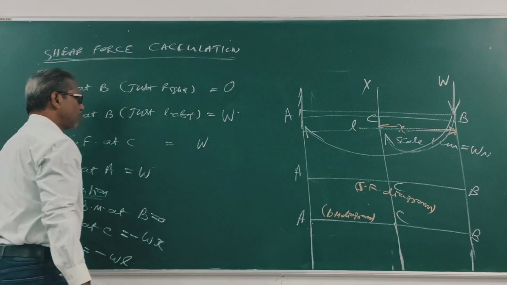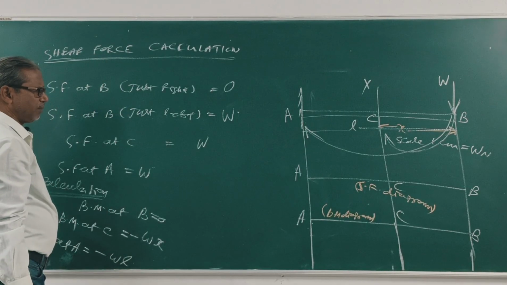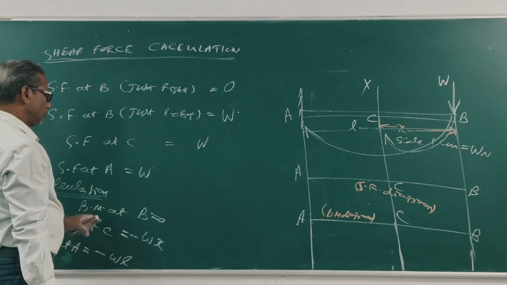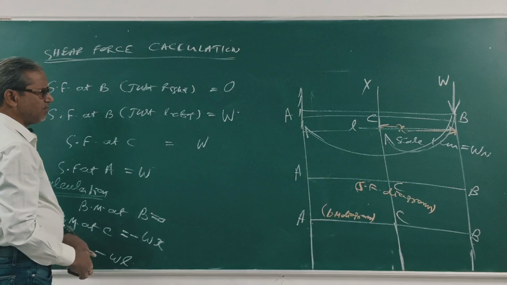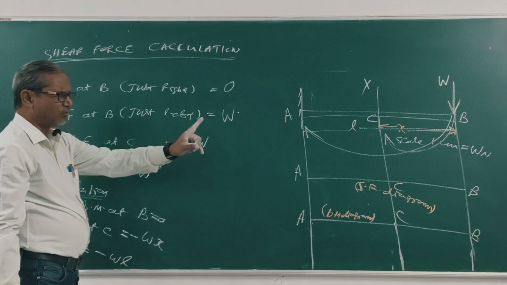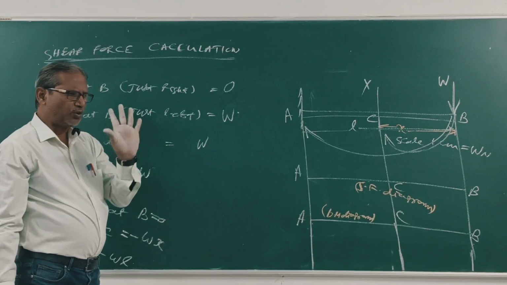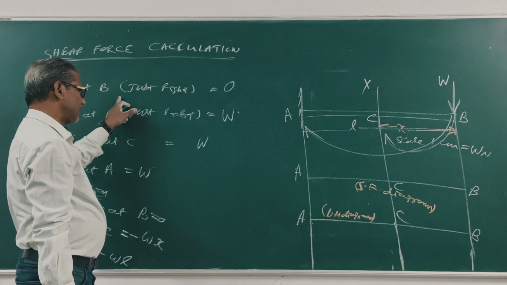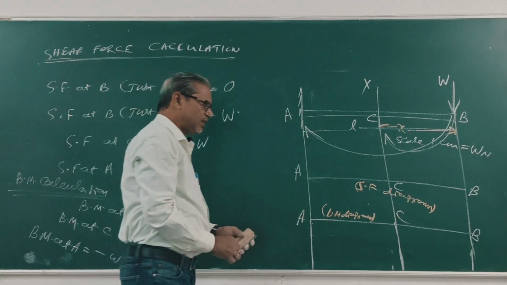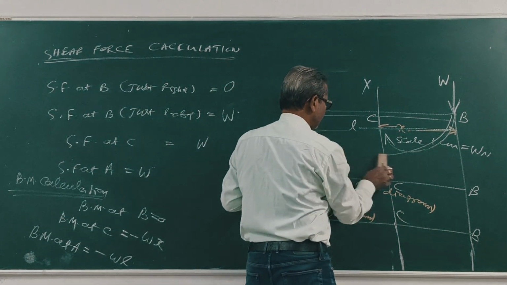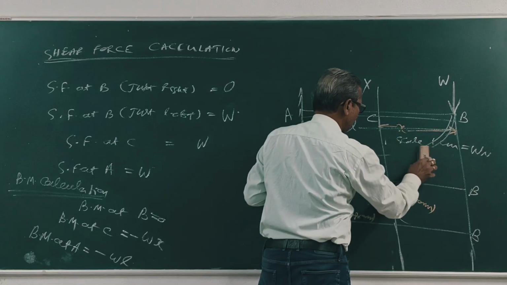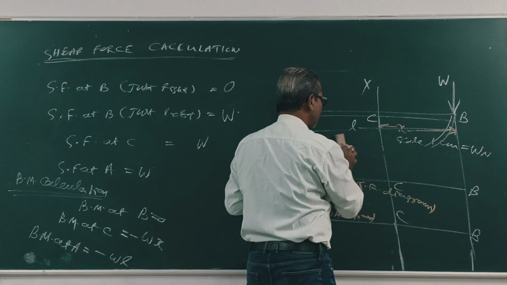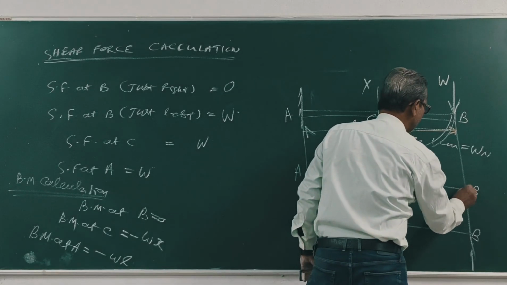Now, draw the shear force and bending moment diagram. First, for SF, make scale 1 cm is equal to W Newton. At B, just right, 0.